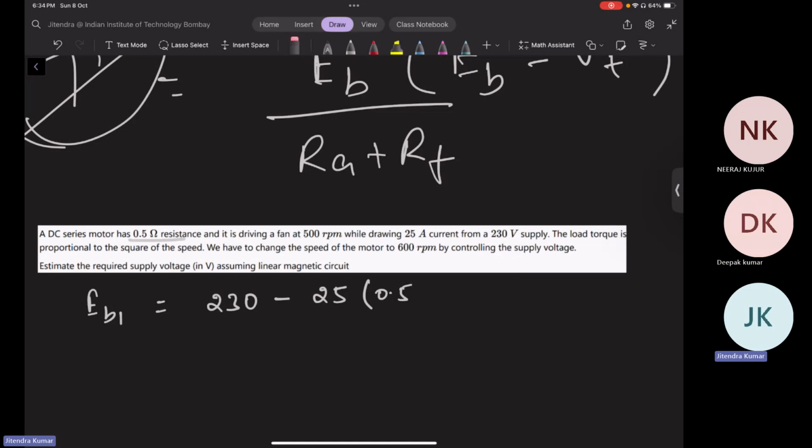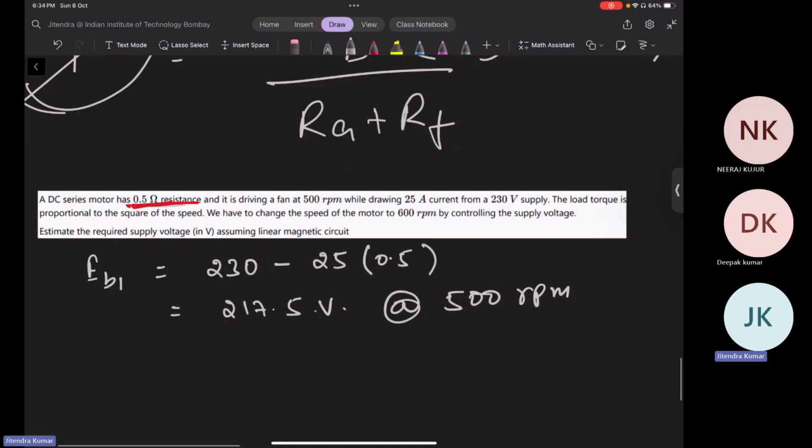Okay, so it means that Ra plus Rf will be 0.5 because nothing is given about the field resistance and armature resistance separately, so we have to go with only 0.5. So total resistance is 0.5. Now it will give us 217.5 volt at 500 rpm. At this time we require 230 volt.